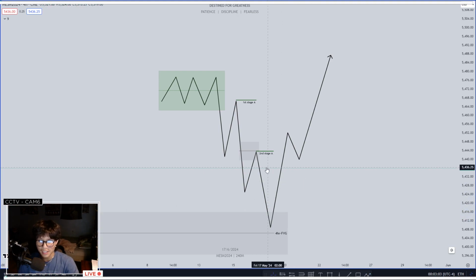The second stage accumulation usually is a retracement back into a FVG. That will narrow the list of every single market structure shift that you see into a smaller pool.